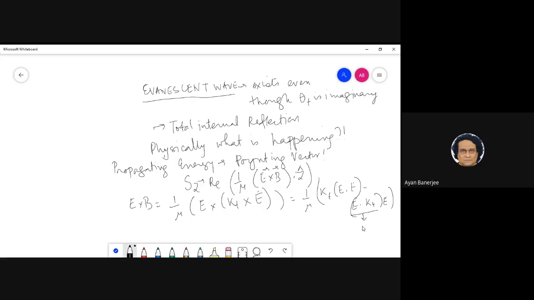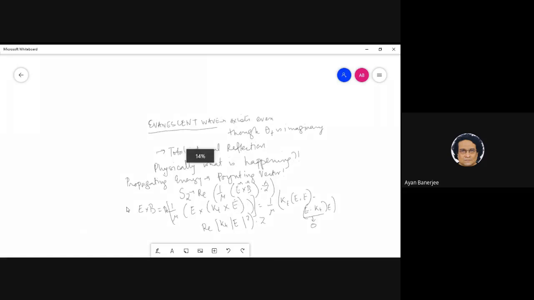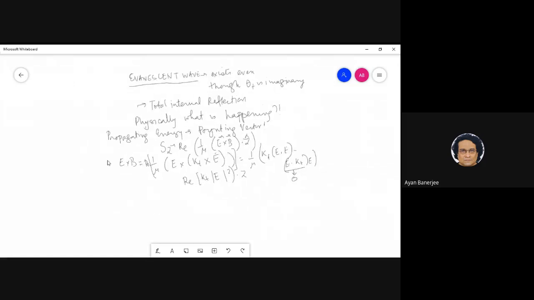Arey, what happened? 0. So we are left with the real part of KT E square dot Z. Fine.